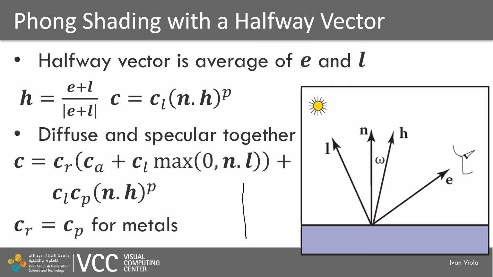So if we have our cosine term here, then the cosine will be scaled by our Phong exponent, so that we will still start from 1 and go to 0, but our period will be different, and this transition will be different.